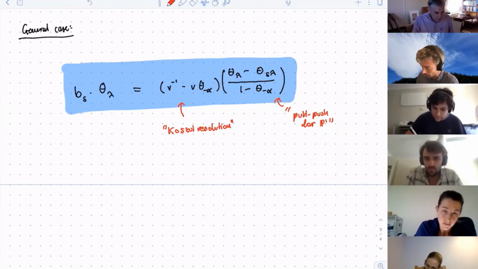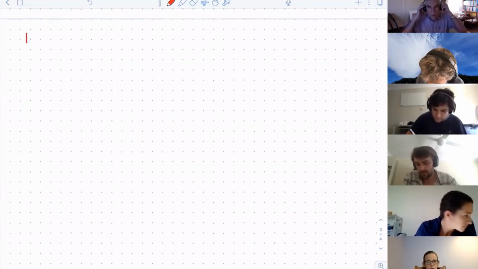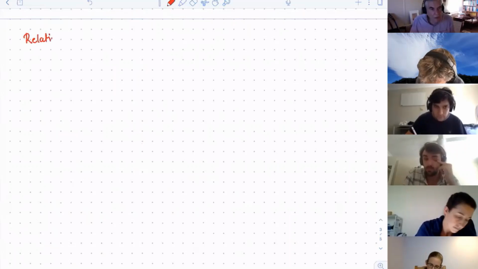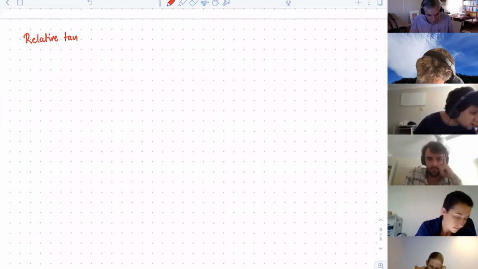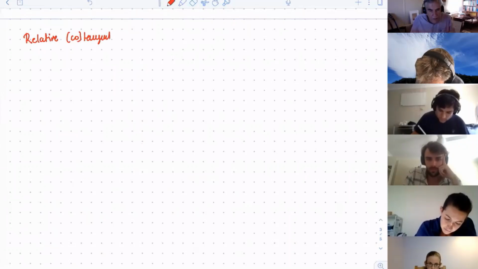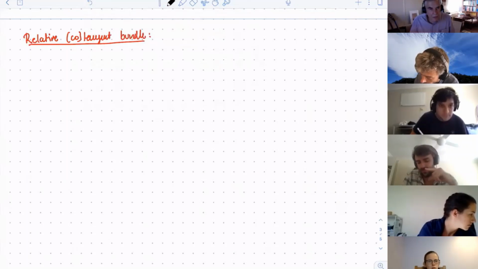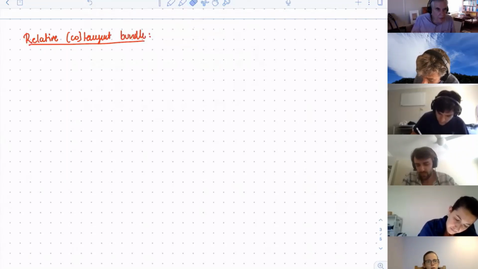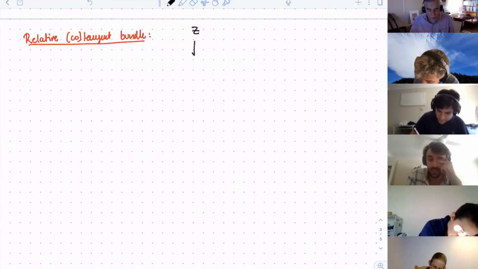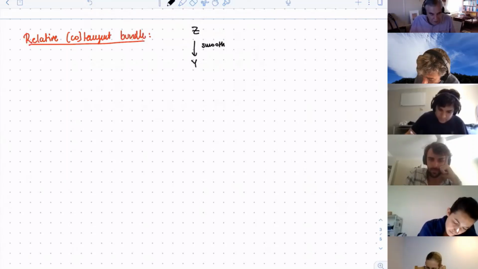So I just want to briefly recall the relative tangent and cotangent bundle. So we have a map from Z to Y that is smooth, or a submersion.